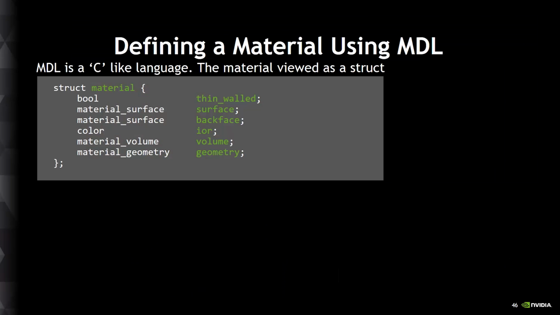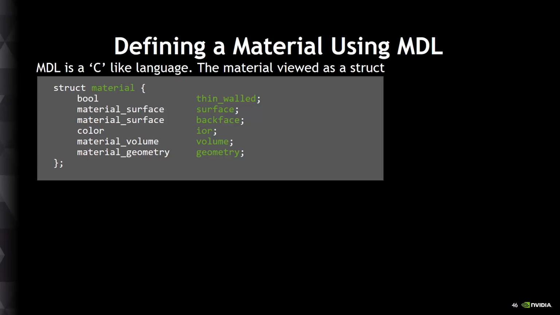Lutz showed before that the basis of this is a material model that puts together certain aspects of the material. MDL, in its essence, is a C-like language, and we use C-like language constructs to put things together. Our basic model for modeling this is a simple C struct.